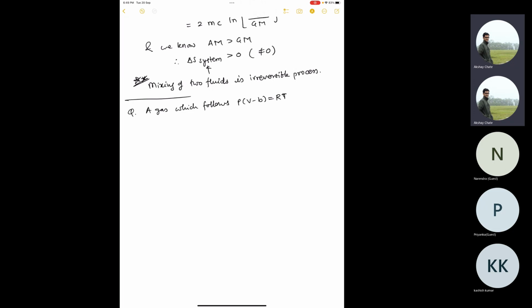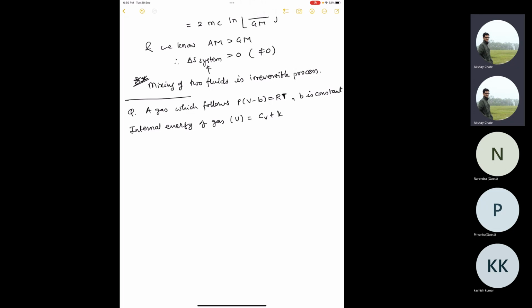This is the governing equation for the gas. B is a constant, not a variable. Also, the internal energy of the gas, U, is given as CvT plus another constant K.